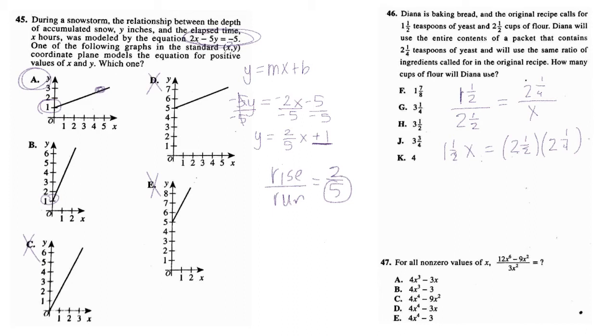So 1.5, that's 3 over 2, x equals, that's going to be 5/2 times 9 over 4. Okay, and so, goodness, before I start doing a lot of multiplying, I know I'm going to have to divide by this 3/2. So let's just write all of this out.